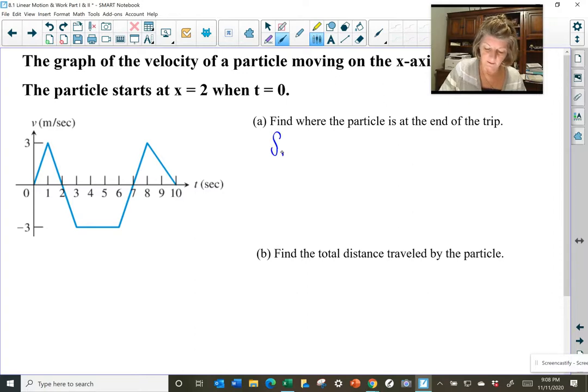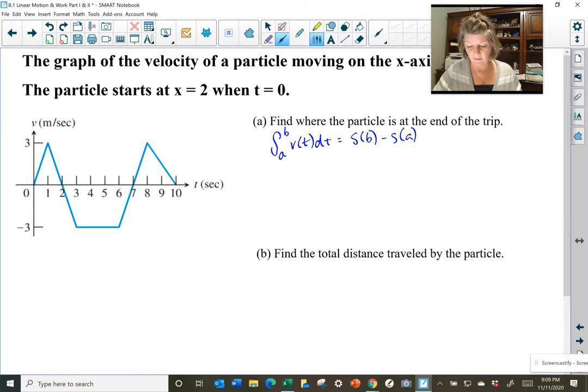If I integrate from A to B of V of t dt, we realize that gives us S of B minus S of A. Position at B minus position at A, because velocity integrated gets its position.